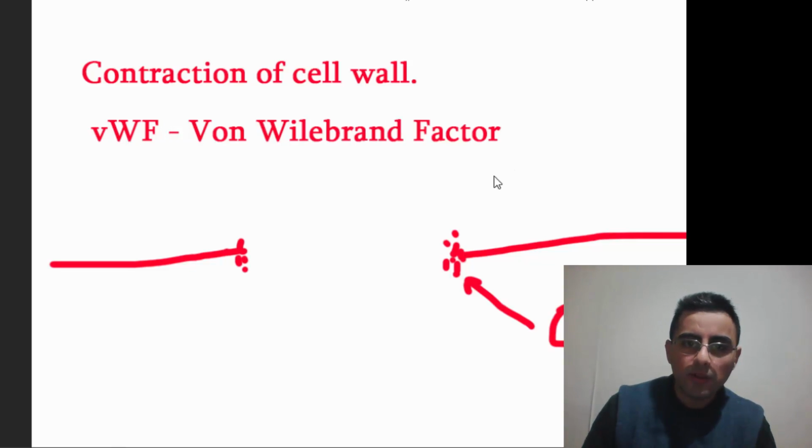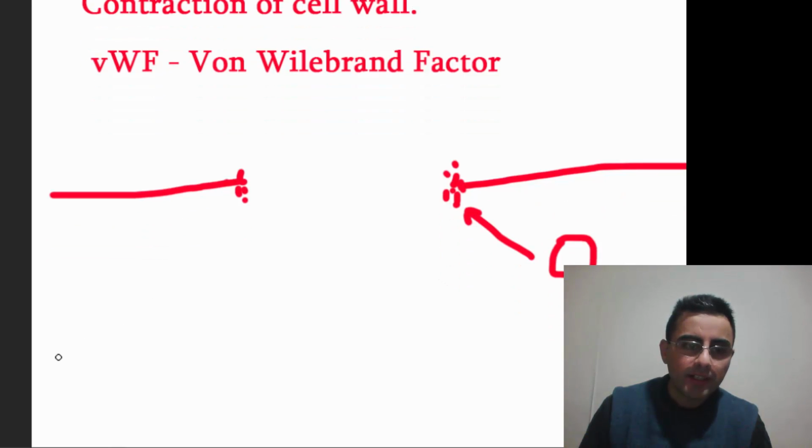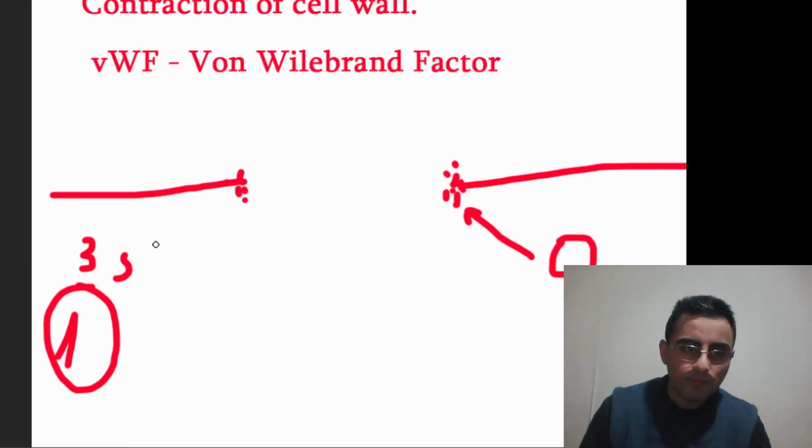Von Willebrand factor is needed for adhesion of platelets to the damaged area, to collagen, and it's the first step of hemostasis. There are 3 steps. The first step is adhesion.